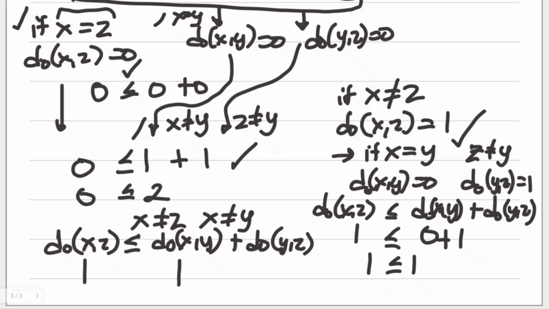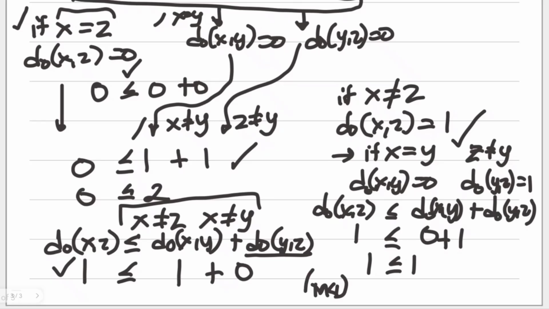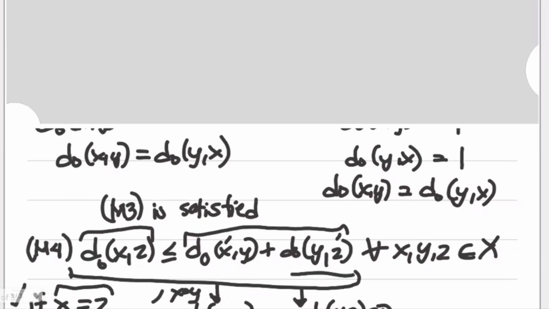If these two are not equal, that's 1, so obviously the right side is greater. If they are equal, this would be 0, so it still satisfies the condition. All of this under M4 tells us that it is satisfied. Take note that we are considering all possibilities because we have a piecewise function which gives two situations.